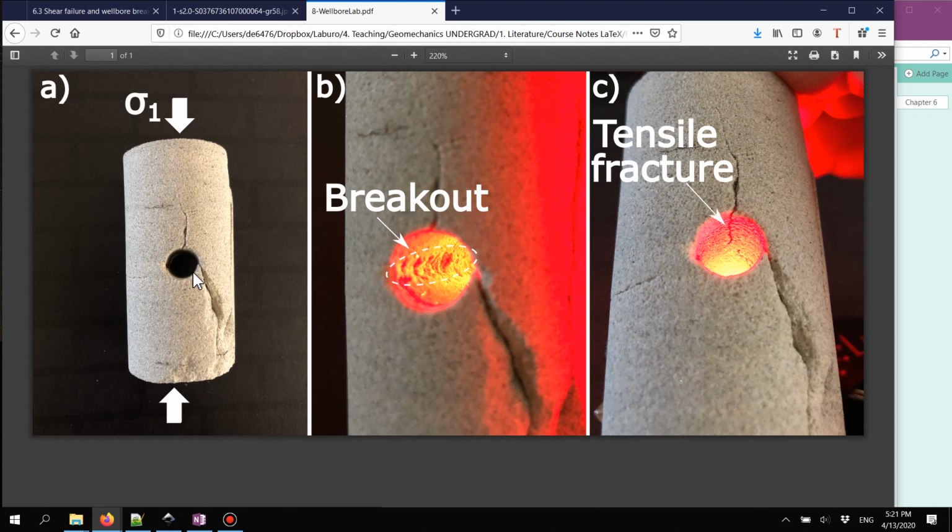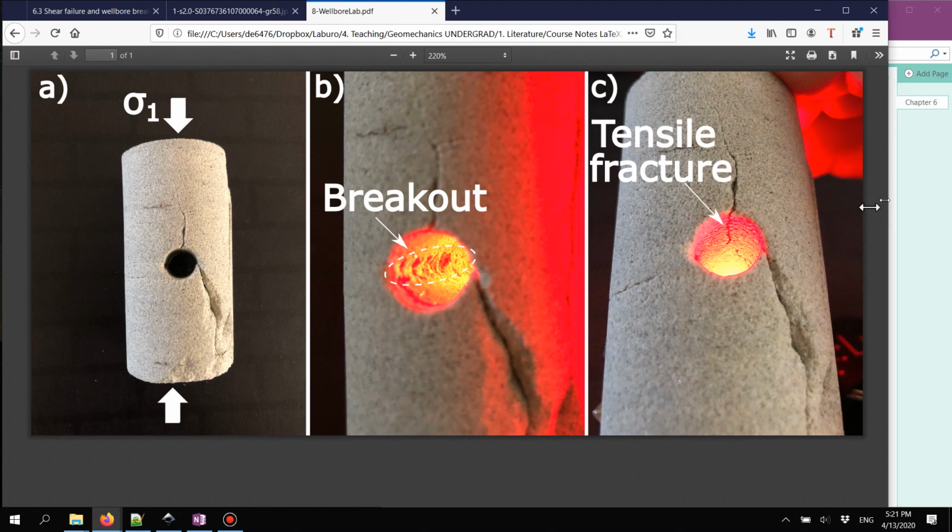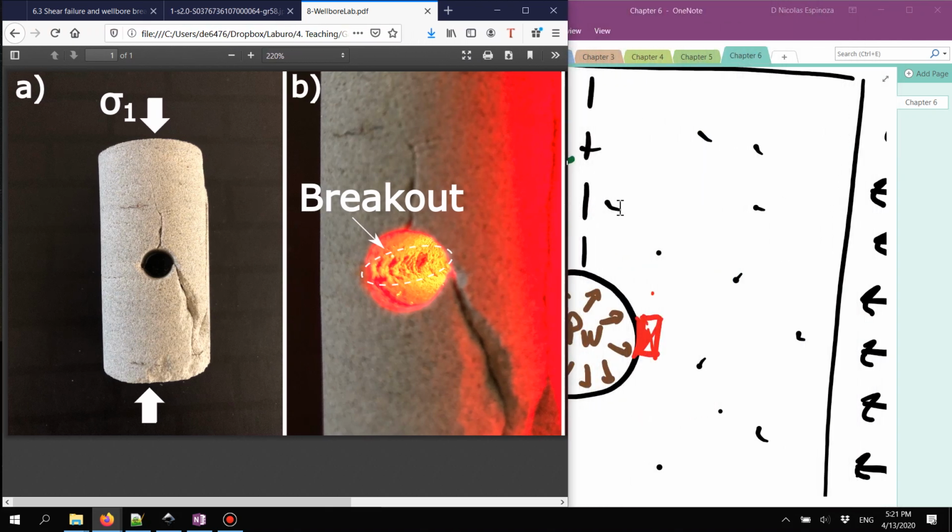In this case, the maximum load goes up and down, and there is no stress coming from the sides. So that's why I didn't write sigma 3, but it will be perpendicular to sigma 1. What we see in this case is that as we load this sample and we exceed the value of the shear strength at this point, I'm going to have a breakout.